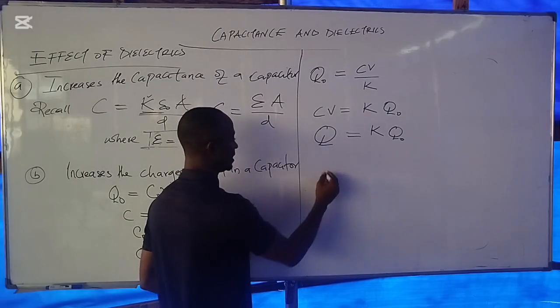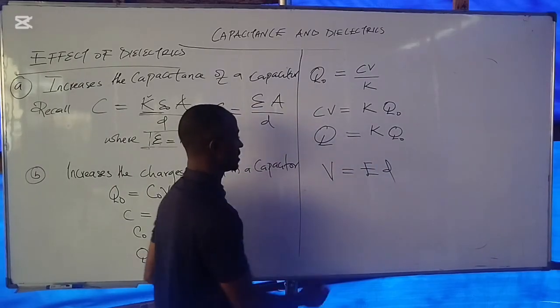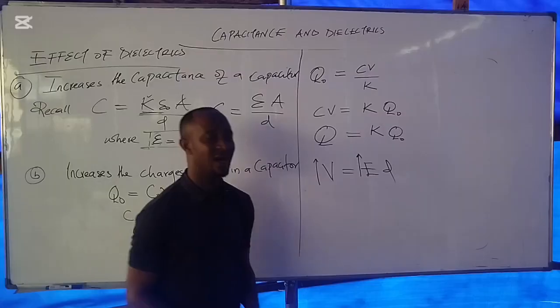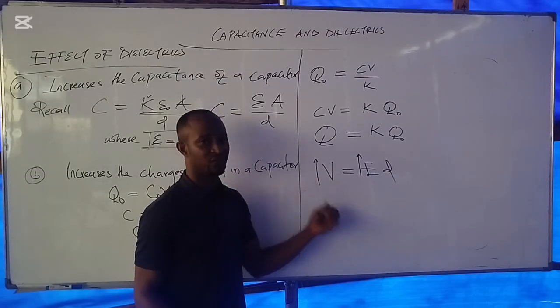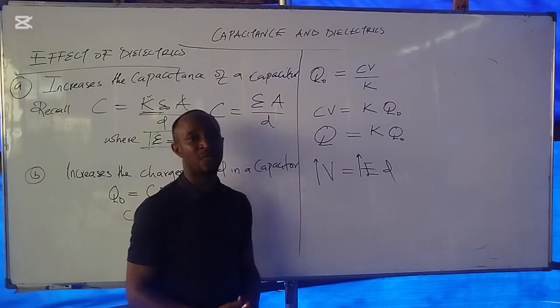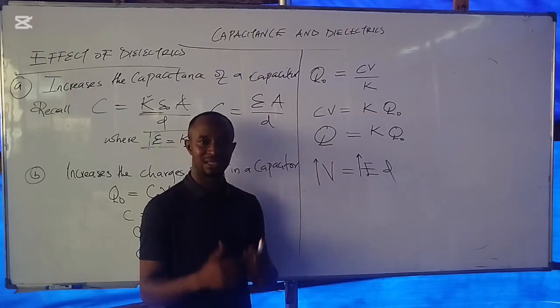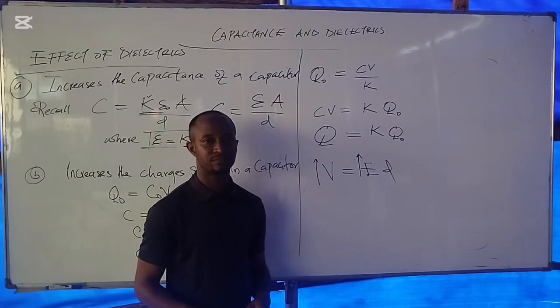And the formula connecting them is V equals ED. Meaning that an increase in intensity leads to an increase in voltage. So whatsoever happens to intensity or your electric field strength also happens to your voltage. So that material lowers the voltage. If it lowers the voltage, that means it must also lower the electric field intensity. Thank you.